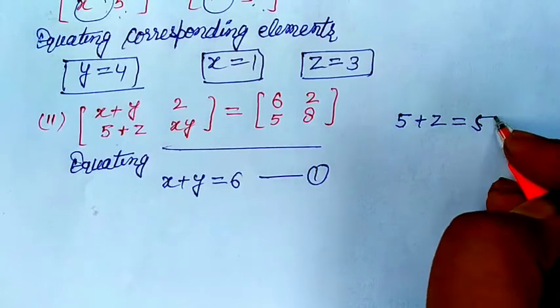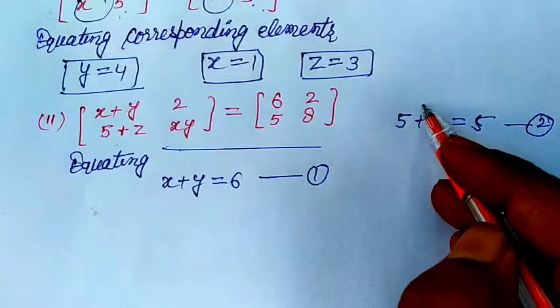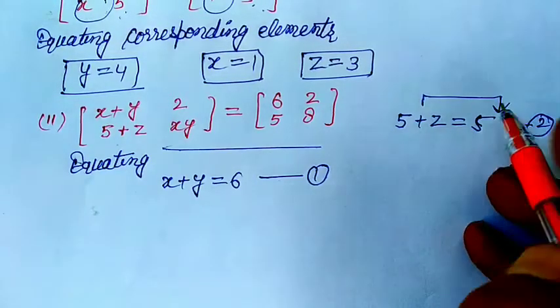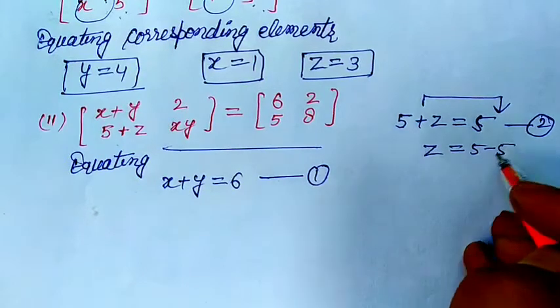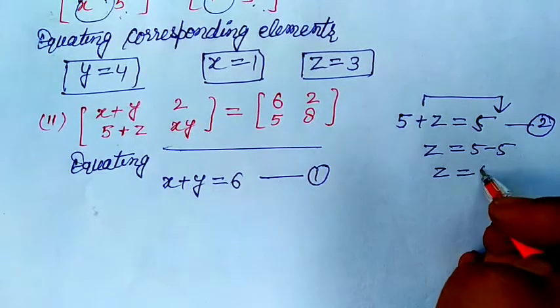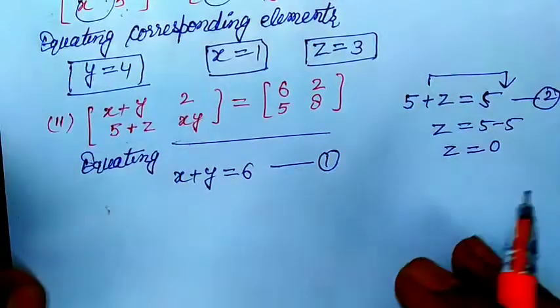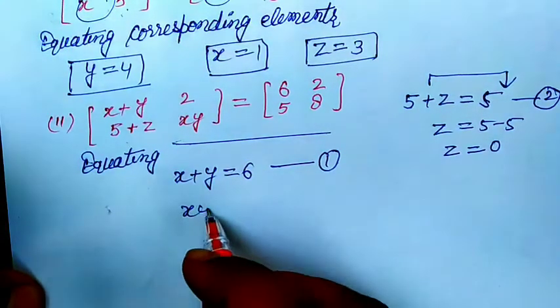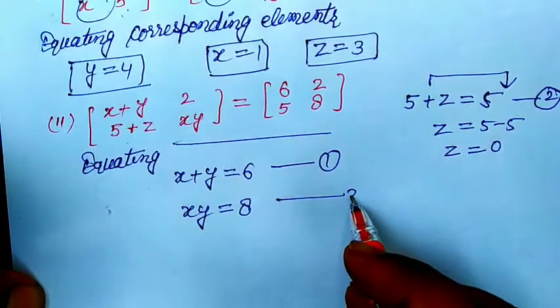We have equation second. If we solve, shifting 5 to the other side, we will get 5 minus 5. So finally we get the value of z equals 0. Now the last one, xy equals 8. We have equation third here.